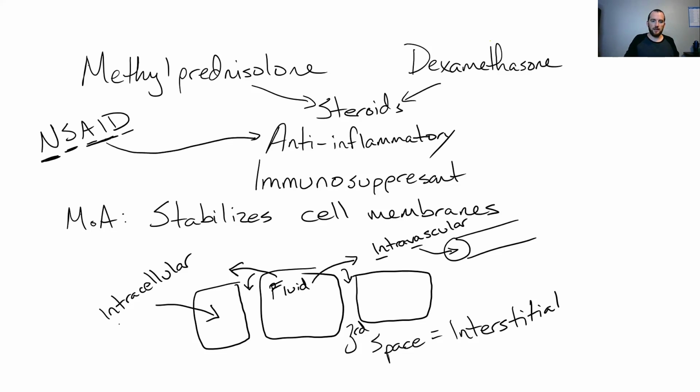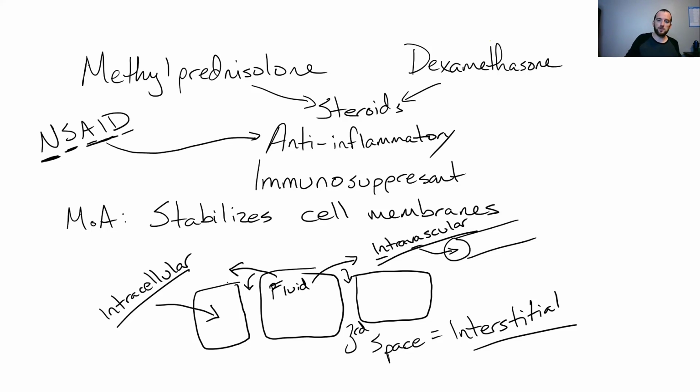It's inside the cells, inside the bloodstream, or in the space in between the cells. And fluid's always in all of those spaces, because when everything's fine, there's a certain amount inside the cells, which is perfect, a certain amount inside the blood vessels, which is perfect, and a certain amount in between the cells, which is perfect and just fine as well.